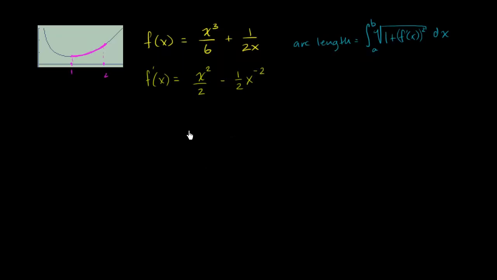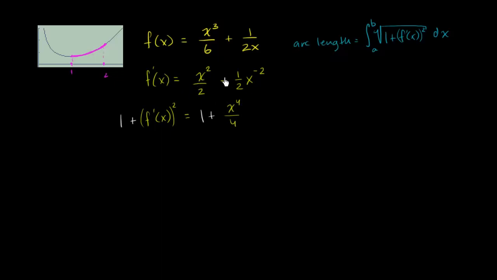Now, what is f prime of x squared? Actually, let's just write out, what is 1 plus f prime of x squared? It's going to be 1 plus this thing squared. And so let's see, this term right here squared is going to be x to the 4th over 4.